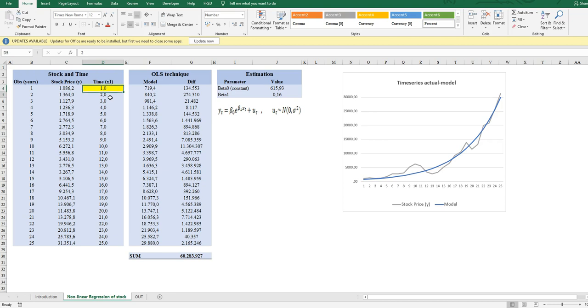Here we have time, and time of course just reflects the observation structure of years.